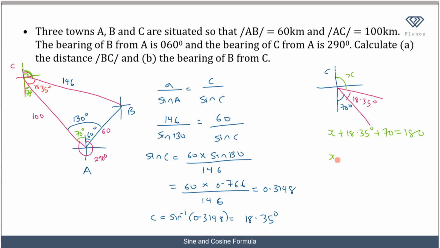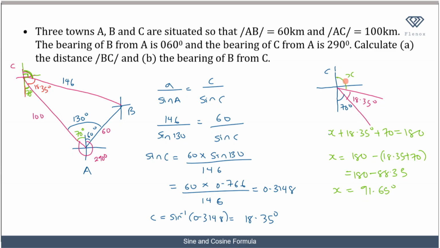So x equals 180 minus the sum of 18.35 plus 70, which is the same as saying 180 minus 88.35, and that gives my value of x to be equal to 91.65 degrees.